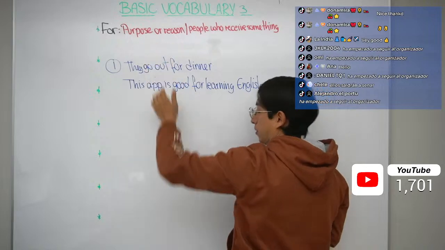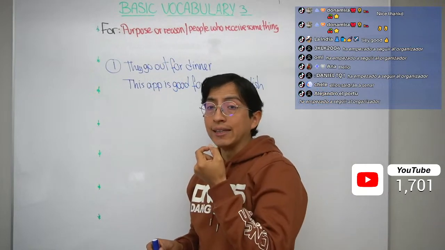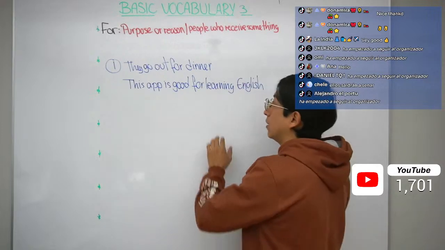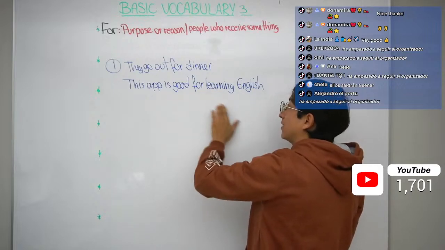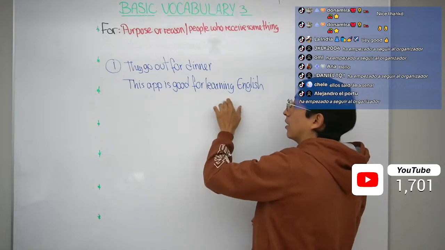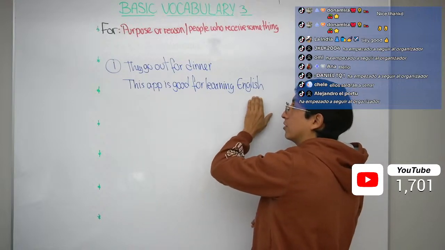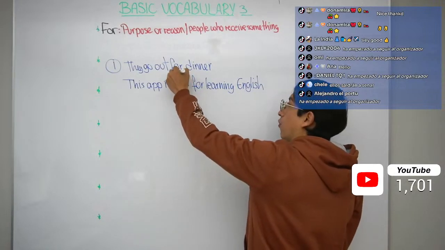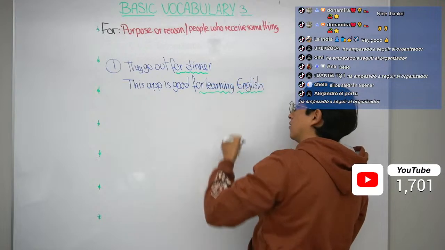We're talking about the purpose. They go out because they want to eat, or they want to have dinner. In the second case, we're talking about the reason, because this app helps you learn English. Okay, for dinner, this is the reason, for learning English.